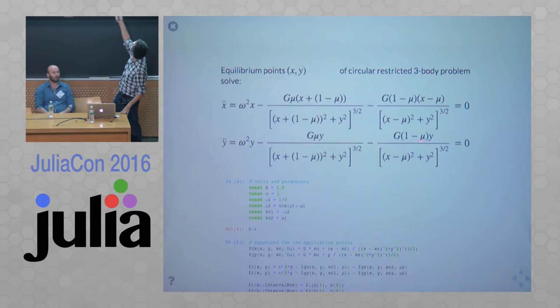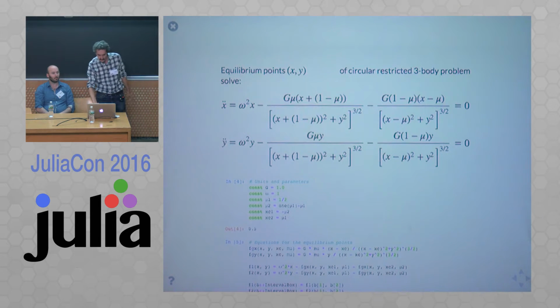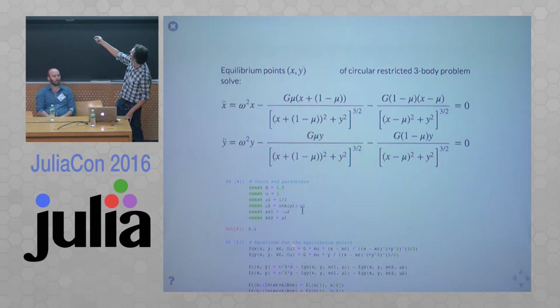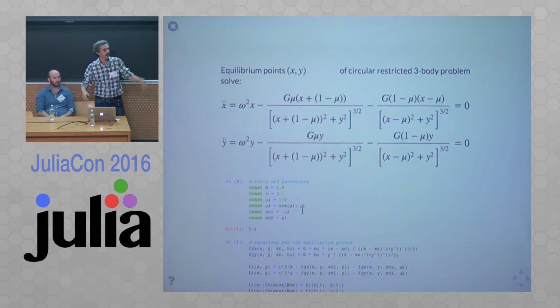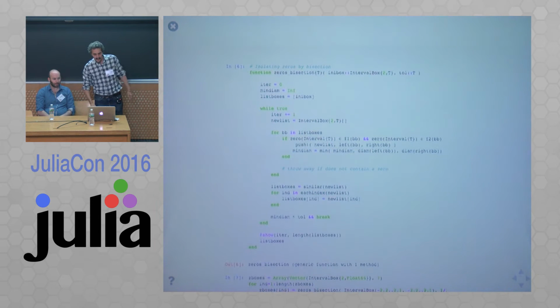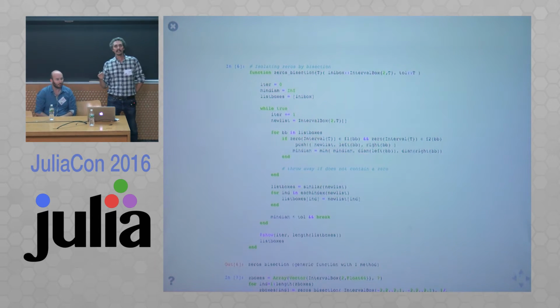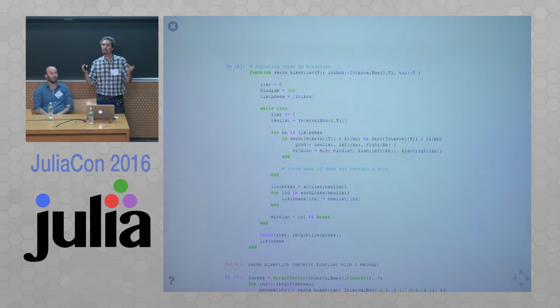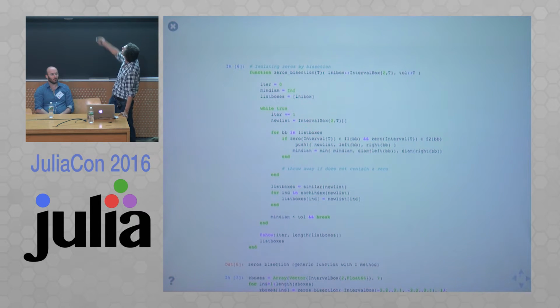These are the equations of motion, which I will not go into in detail, and these will be the constants. Here we have implemented all those equations. What we are going to do is use intervals to bound the location of those equilibrium solutions. This is the main function to do that.